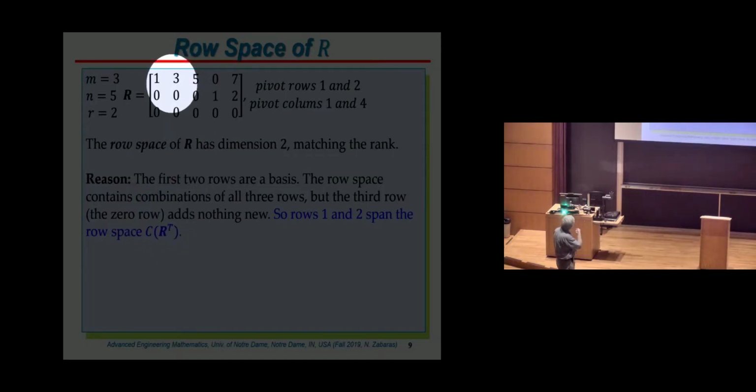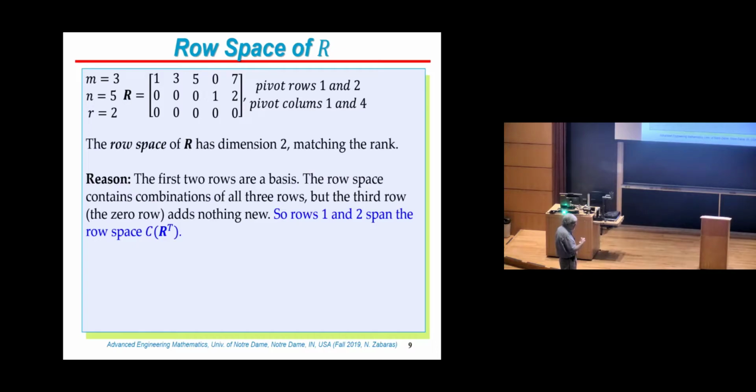Looking at these 2 rows, we already stated hundreds of times, but looking at them once more, can you tell me why the 2 rows are independent of each other? Look at how they look. What is there that looks at you and says, we are independent?